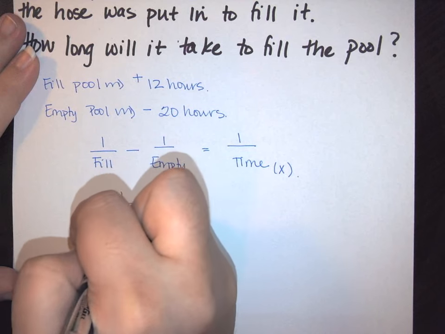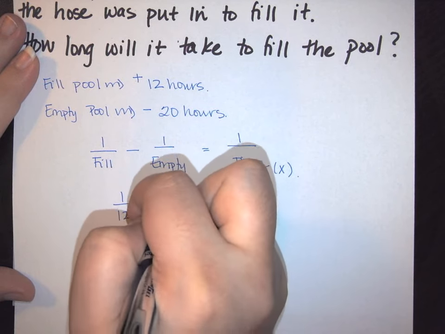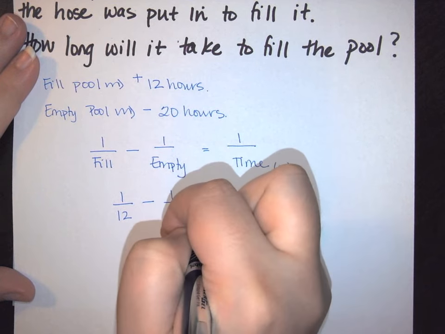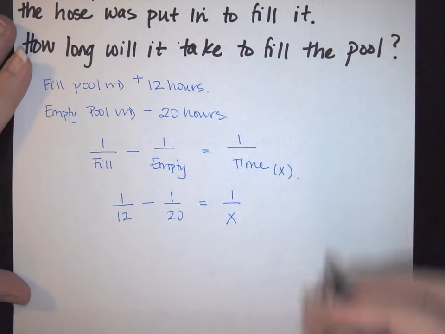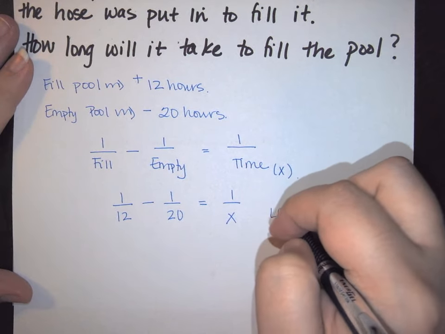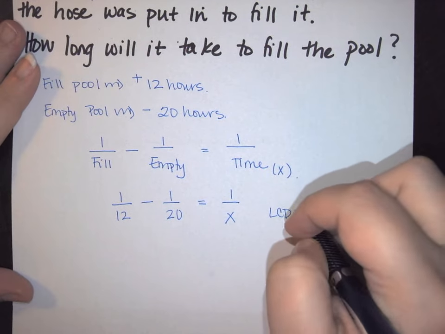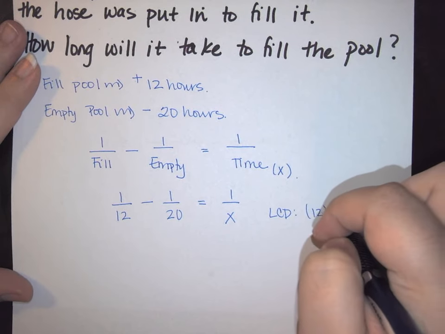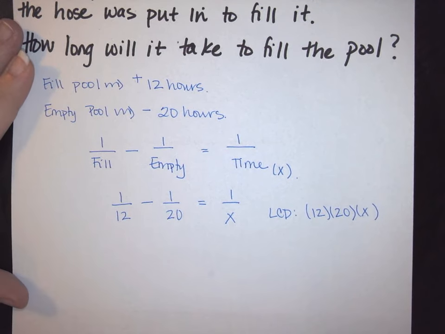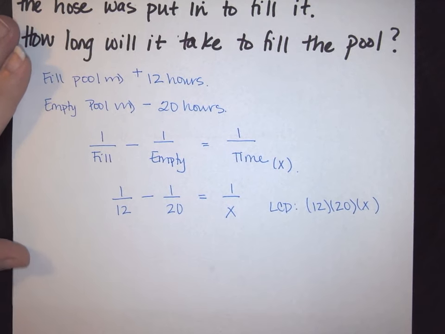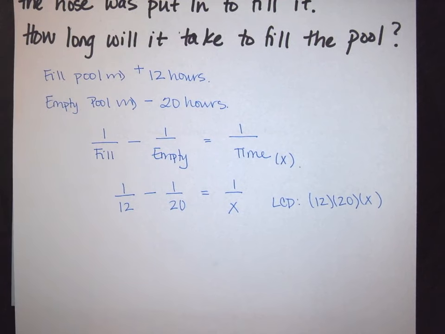This is 1 over 12 minus 1 over 20 is equal to 1 over x. Again, we need to have a least common denominator. So like before, we could simply do 12 times 20 times x, and that would give us a least common denominator.